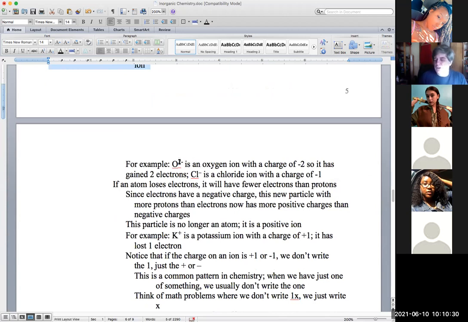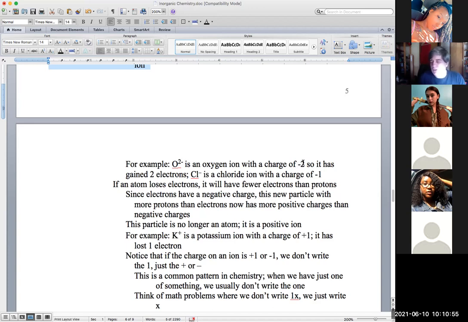Notice that the 2 is written first and then the negative sign after that. Notice that this is written above the line of the chemical symbol. So this is O, 2 negative charges. So this is an oxygen ion. If it was just O, it would be an oxygen atom.